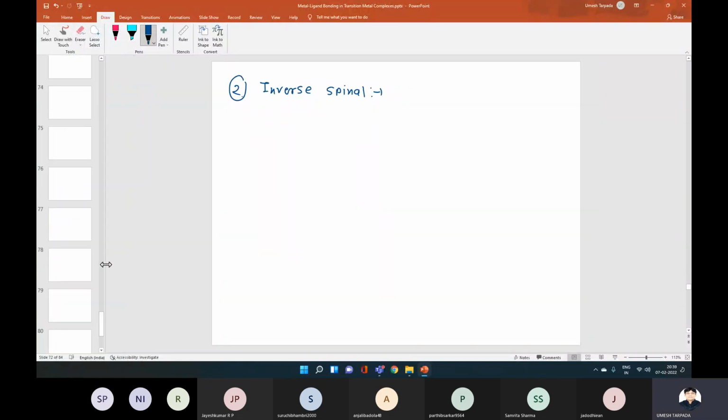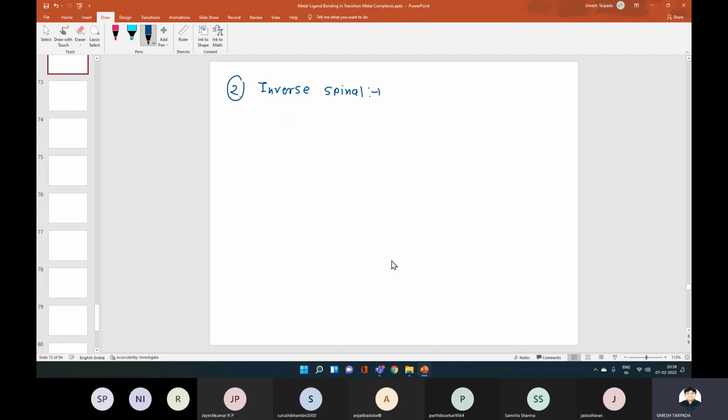In the case of inverse spinel structure, the molecular formula is again the same, M3O4, in which again you have three metals. With this formula, one metal is in a +2 state and the other two metals are in a +3 state.